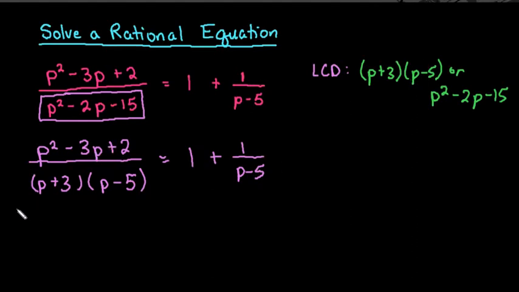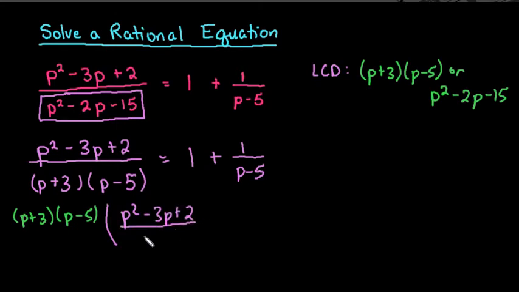So we're going to multiply everything in here by the lowest common denominator. I'm going to take the p plus 3, p minus 5, and multiply it by what we already have, the p squared minus 3p plus 2 over the p plus 3 times p minus 5. And then we're going to multiply the 1 times, in this case, the p squared minus 2p minus 15, just because it's easier to multiply.